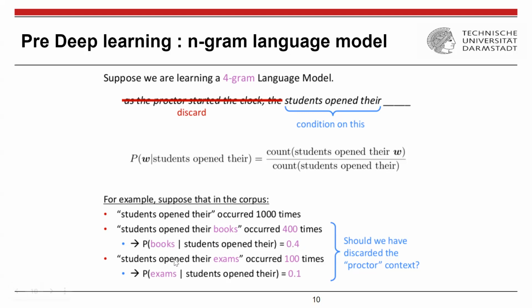On the other hand, if you have the sequence "students opened their exams," and it occurred 100 times, then the probability of "exams" given "students opened their" will be 0.1. So that is how you will compute the probability of words that come after a sequence.